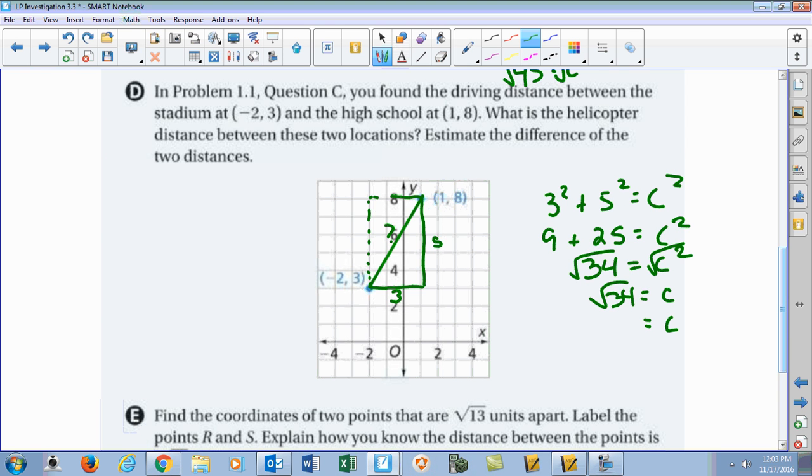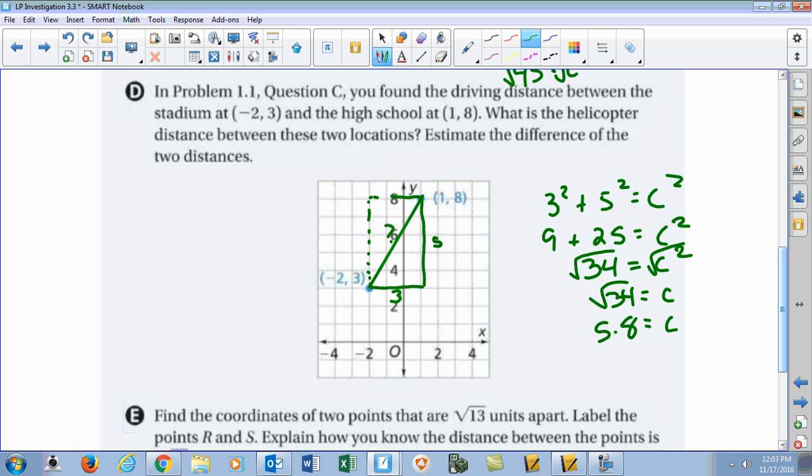So it's between 5 and 6, right? Closer to 6. So 5.7, 5.8. You said 5.8. So 5.8. So again, that's the approximate distance of negative 2.3 to 1.8, about 5.8 units. Just by using the Pythagorean theorem.